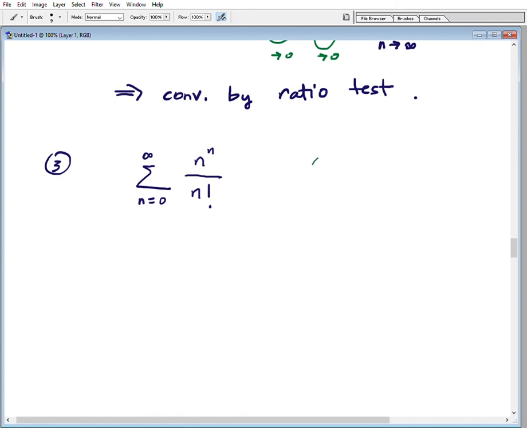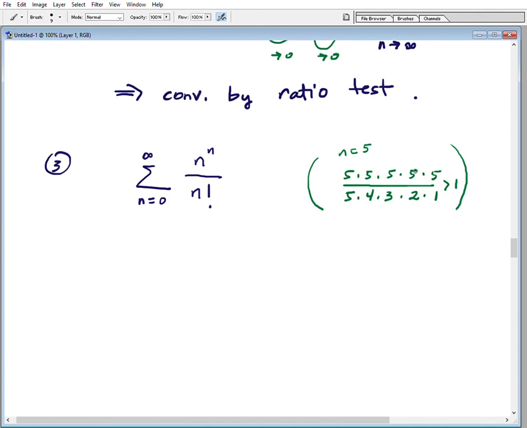Let's say n is equal to 5. For n equal 5, what's our term? This is our term: 5 multiplied out 5 times, and here we have 5, 4, 3, 2, 1. You see this? It's greater than 1.